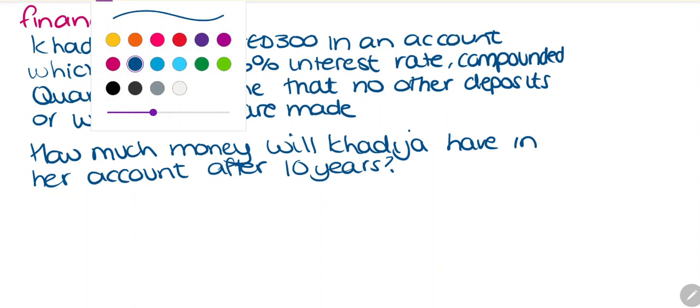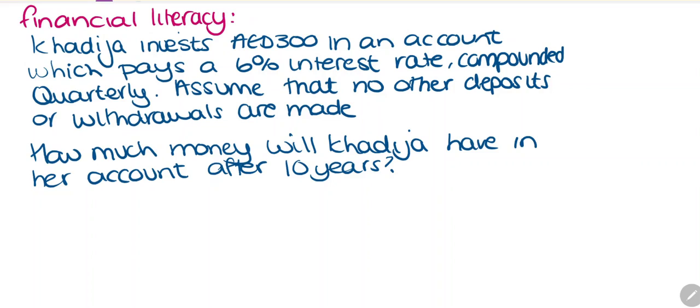So when we're working this out, we need to use this formula. Our amount is going to be our principal amount, and the principal amount is the amount we started with. So this is going to be 300 dirhams. Then we multiply this by 1 plus r divided by n, and this is to the power of n multiplied by t.